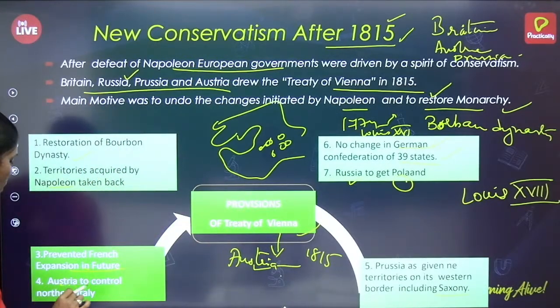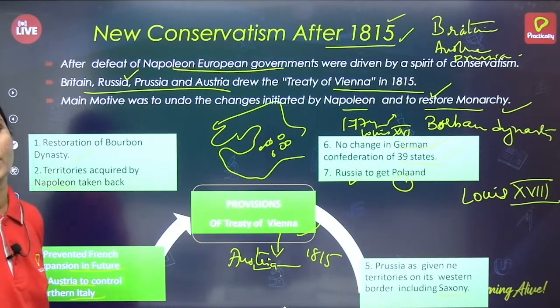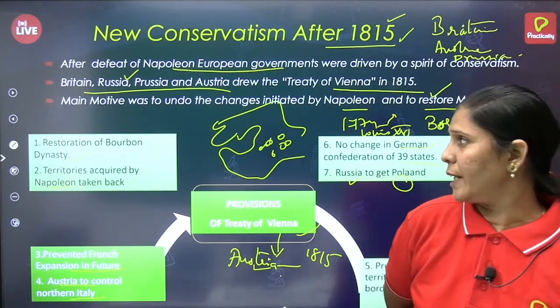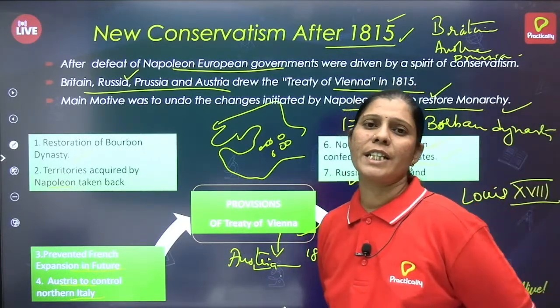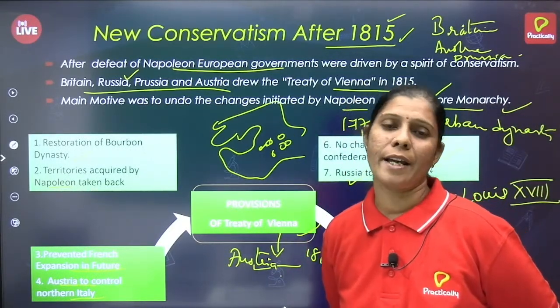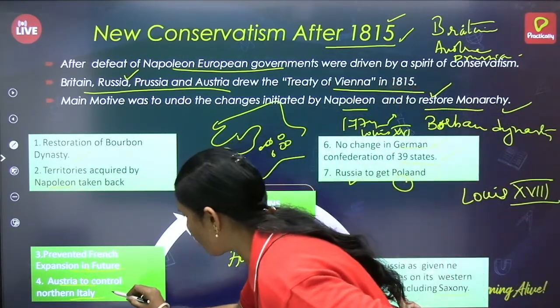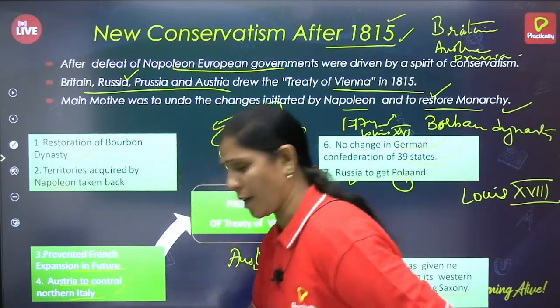And Austria took some places in Italy, in North Italy, the places called Lombardy and Venetia. So completely North Italy was under the control of Austria.